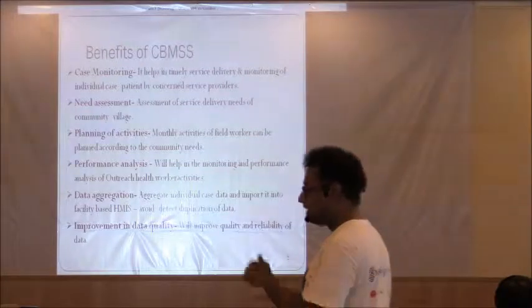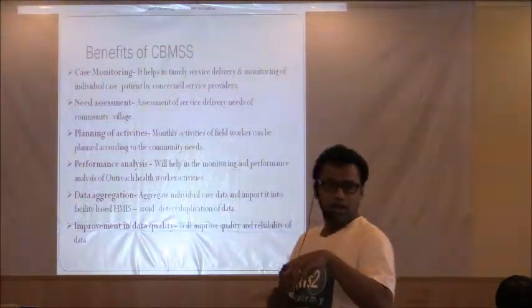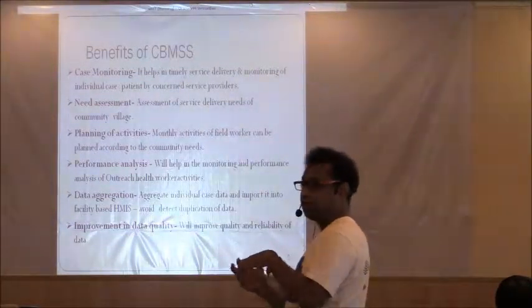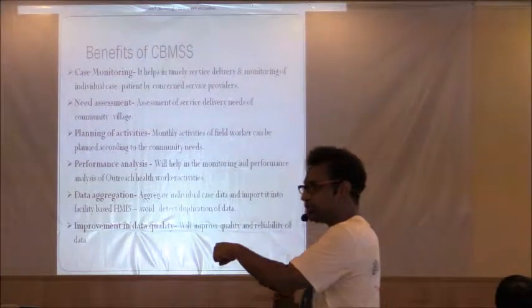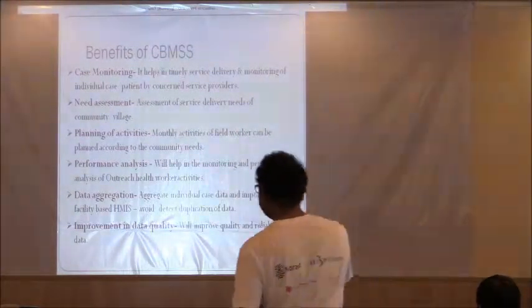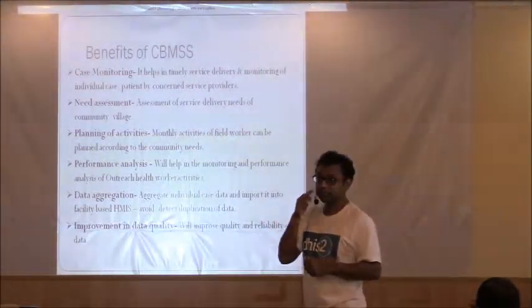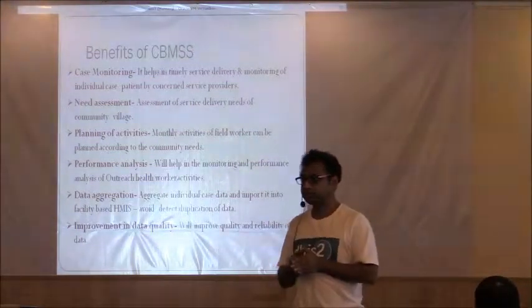You can also use it for outreach activity at the health facility level. Usually in outreach activity, the health worker carries all the vaccines to the villages and gives the vaccines. But sometimes you don't know how many vaccines to carry.